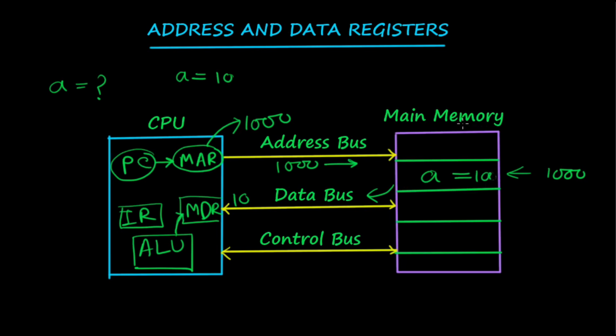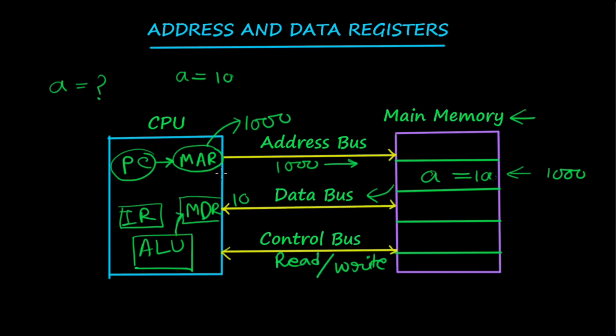Okay. So you may ask how the main memory will judge whether I want to read or write, because main memory is getting address and data. Is it for a write operation or a read operation? How will it know? This will be known by giving some control signals. As I told you, the control unit is responsible for issuing control signals.